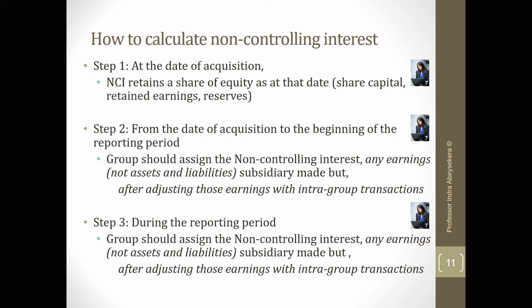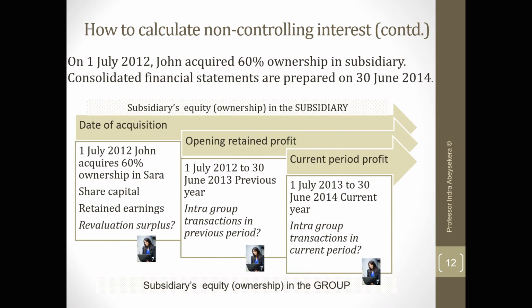But when we give anything to NCI, we have to ensure that they are given after adjusting the earnings related to those periods for the intergroup transactions, because the intergroup transactions disturb or intervene with the direct addition of the accounts of the parent entity and the subsidiary to come up with the group accounts.